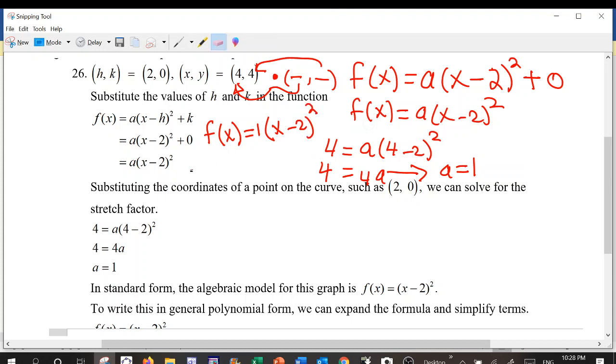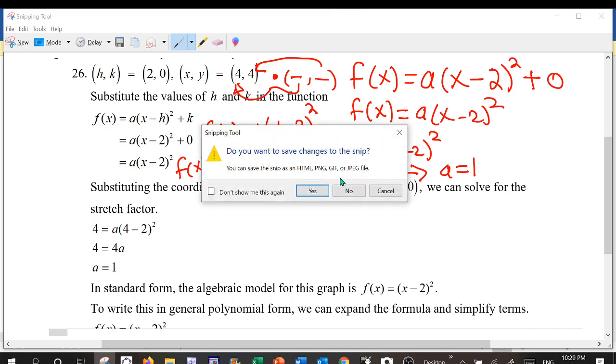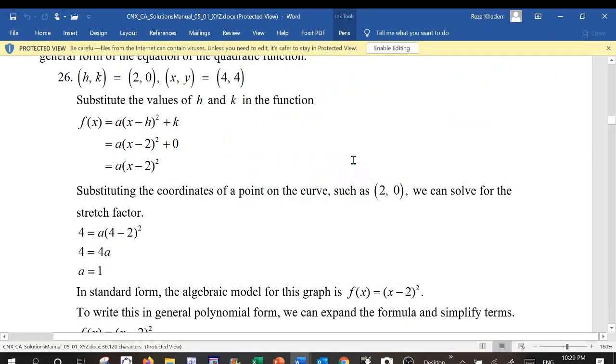And if we want to write it in general form, all we have to do is what? Just do the operations here. x minus 2 squared is x squared minus 4x plus 4. So general form and standard form. All right, that was 26.